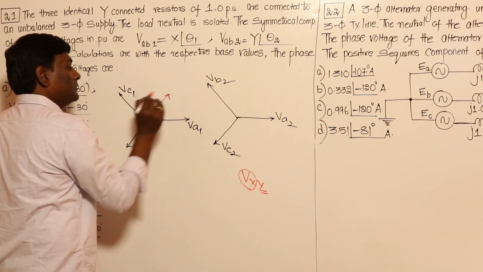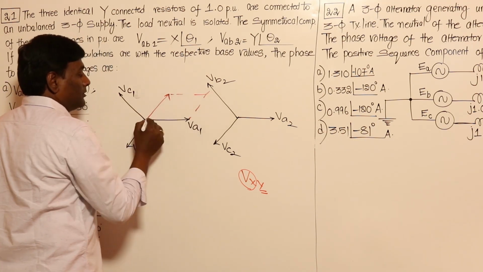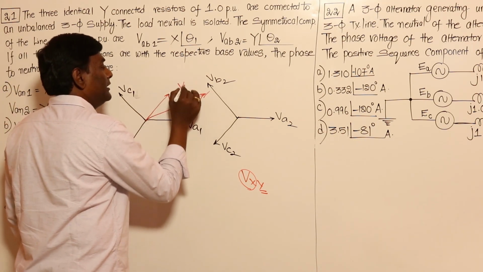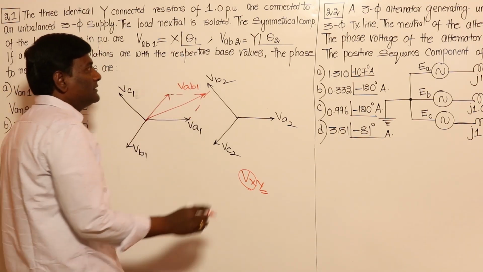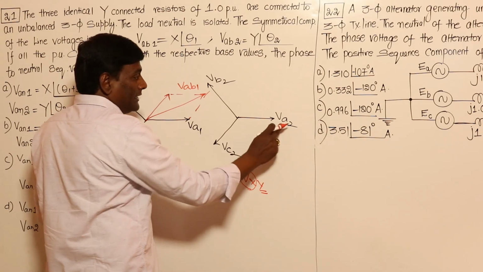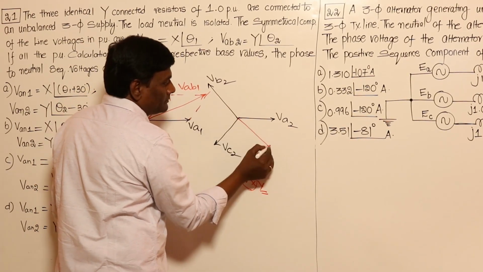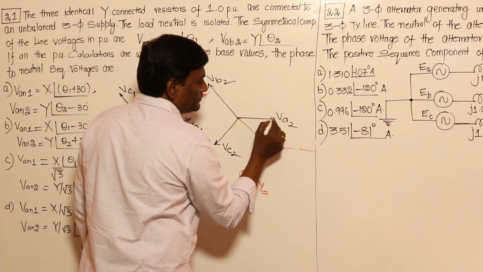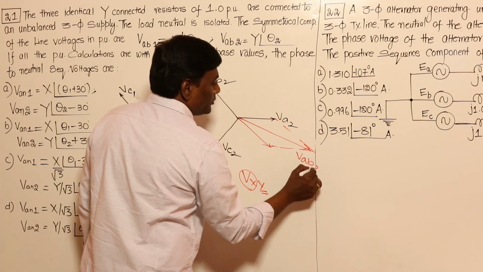So this is going to be VA1 minus VB1, that is VAB1. And here if I see VAB2, A is here, with respect to B, how much is A? So B should be negated, minus VB2. So this is going to be VAB2.